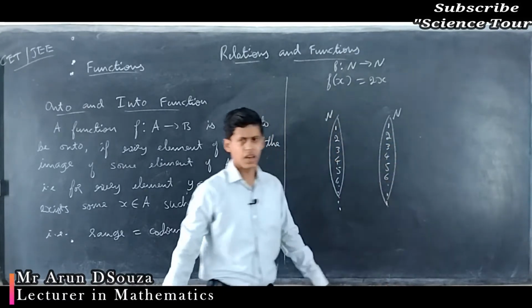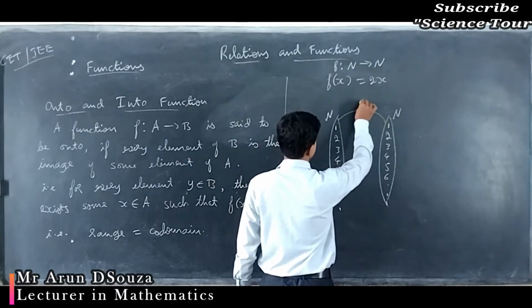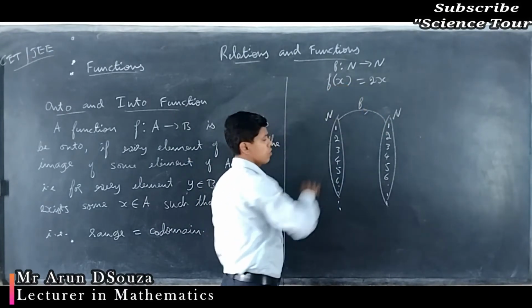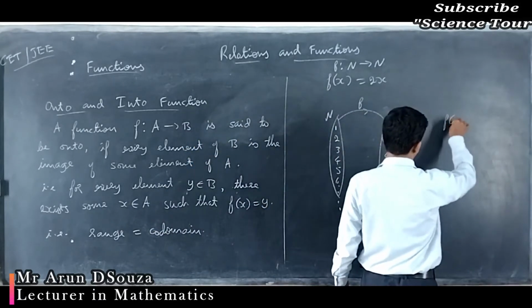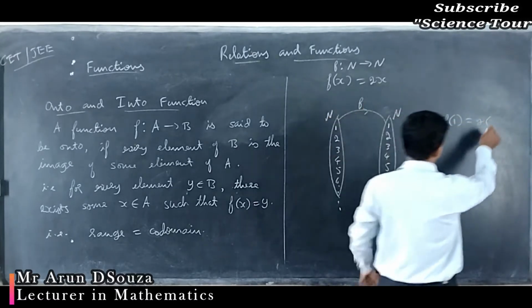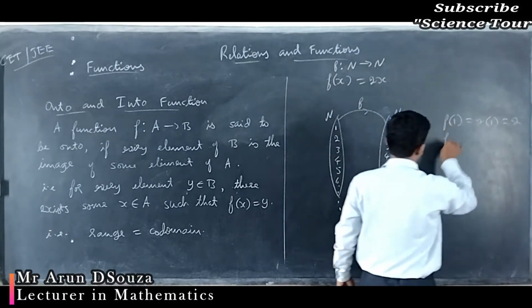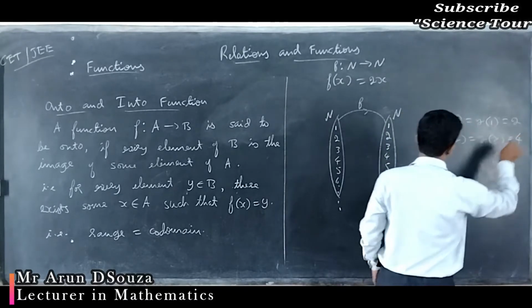It goes on like that, all the counting numbers. And the function is f, defined as f of x is equal to 2x. Therefore, what is f of 1? f of 1 is 2 into 1, obviously it is 2. And what about f of 2? f of 2 is 4, and so on.